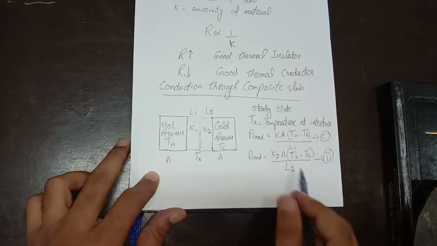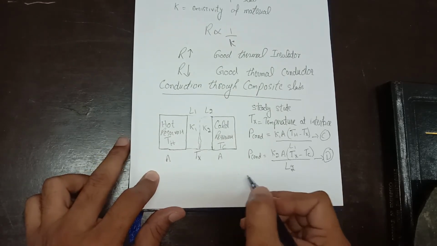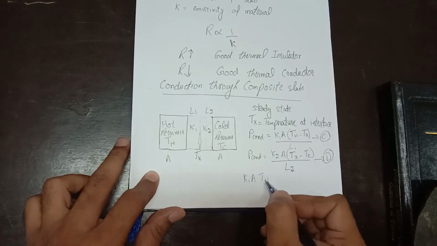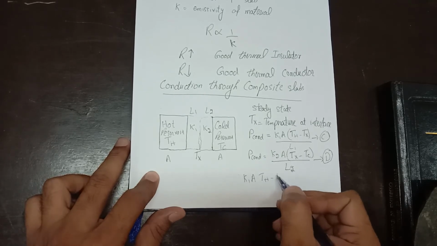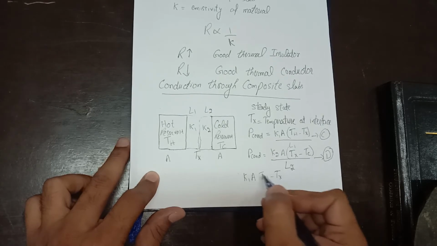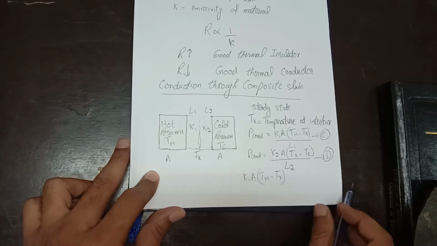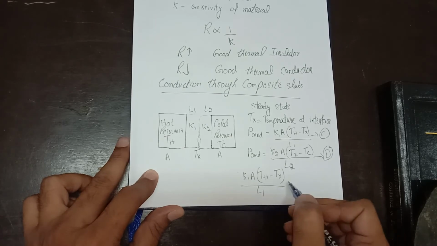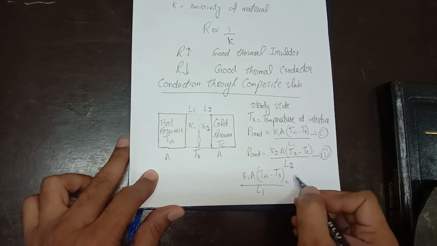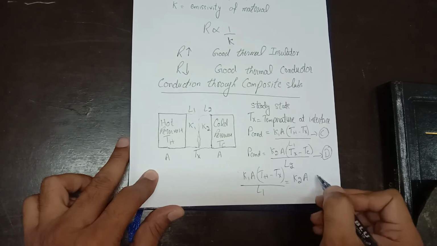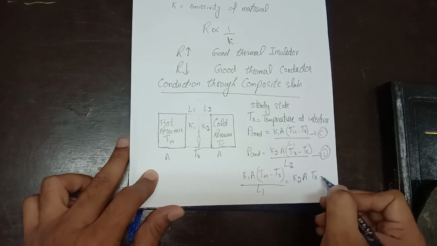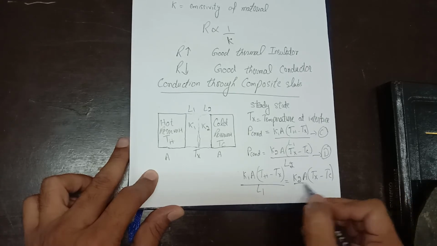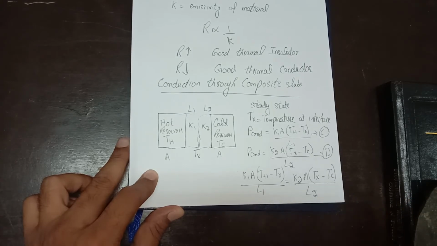This means that K1A (TH minus Tx) over L1 should be equal to K2A (interface temperature minus cold reservoir temperature) over the thickness of slab 2.